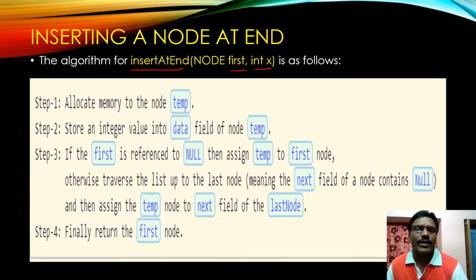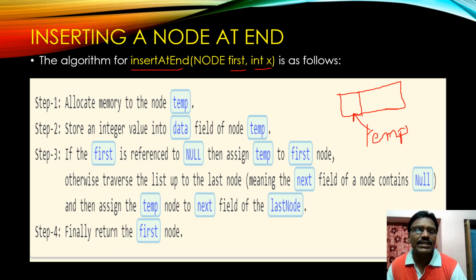Now, step 1. Allocate memory to node temp. It means the temp allocates the memory. And store the integer value to the data field. It means the actual int x value is stored to the temp data.